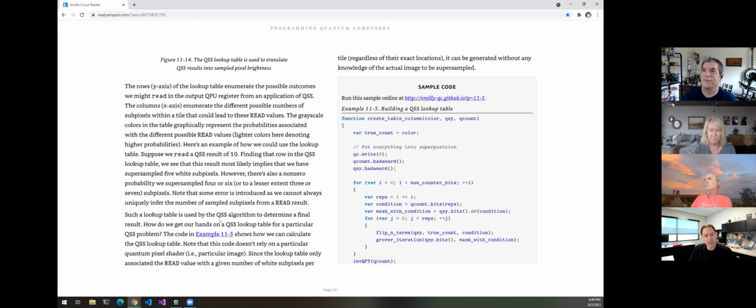So the lookup table is used by the algorithm to determine the final result. How do we get our hands on a lookup table? Well, then he's got code for that as well. And so you can actually adjust your code depending on what your grid size was and your number of counter bits. Did you guys want to go through that at all, or the code?